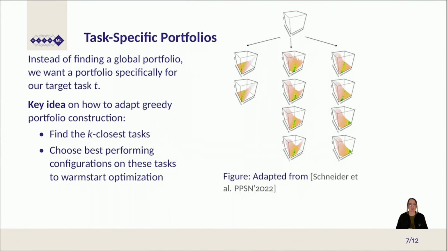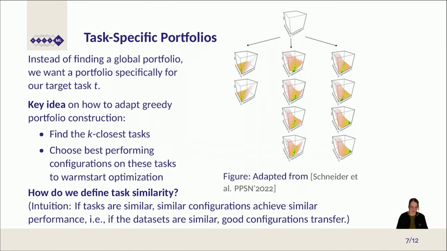The key idea here is that we adapt our greedy portfolio construction by reducing our metadata sets to contain only the k closest or most similar tasks, and then simply use the best performing configuration on these tasks to start optimization. So the key question here is, how do we define task similarity?